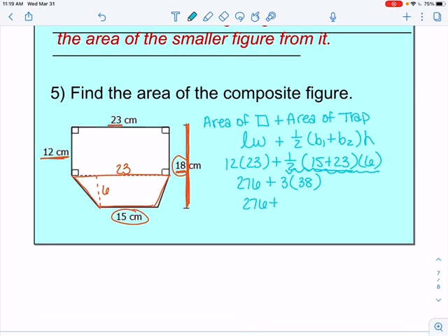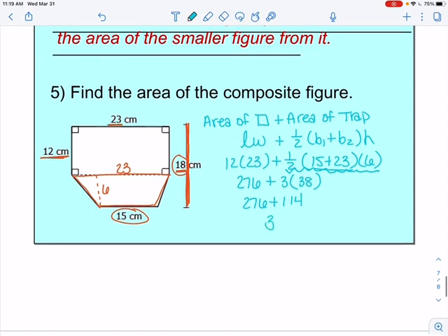Again, I'm doing it by hand here. So 3 times 38 is going to give you an answer of 114. So when I add those 2 together, 276 plus 114 is going to give you an answer of 390. So the area of that composite figure is 390.